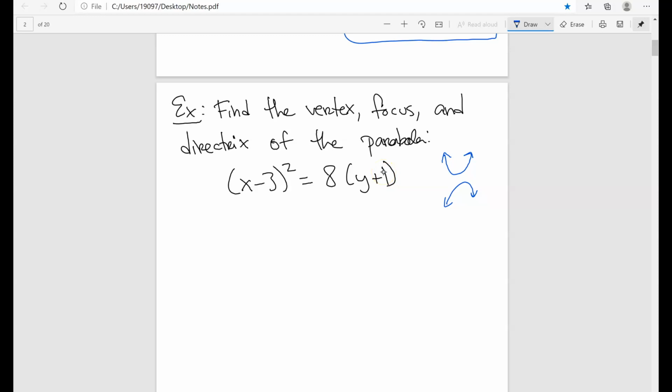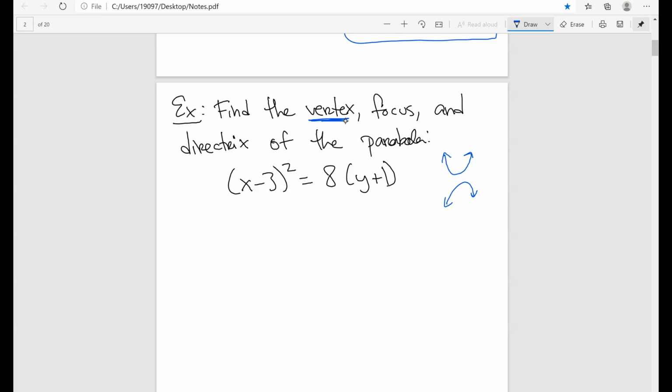Okay, so here what we want to do is think about what's going to be my vertex in this case. Well, here is where it would be a good idea to compare it with the original, because with the ellipse and the hyperbolas, they're really easy to figure out where they're at. But with the parabolas, it might be a little bit more difficult.